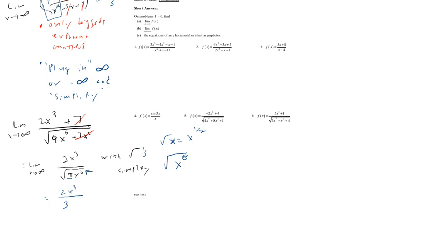Remember, there's an invisible 2 in the square root. So the square root of x is the same thing as x to the 1/2 power. So if I have the square root of x to the 8th, that's x to the power of 8 over 2. So I'm dividing the exponent in half. So this becomes x to the 4th.